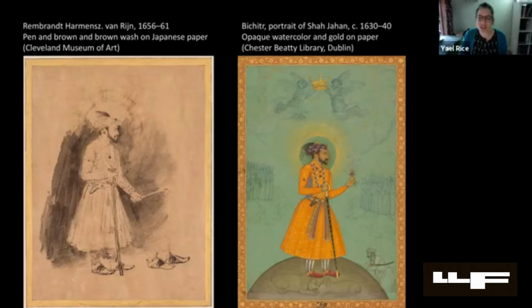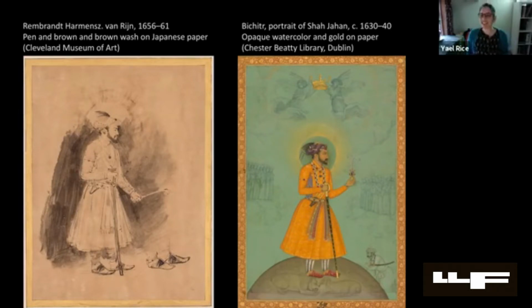And we can see too how differently he approaches his own artistic practice as opposed to what is evident in the example of the Mughal painting on the right, where the artist Bichitr is using a hard line, contour, clear boundaries and defined forms. Rembrandt's hand, of course, on the left in the drawing is much freer. There's a painterly quality to his own execution of his subject.